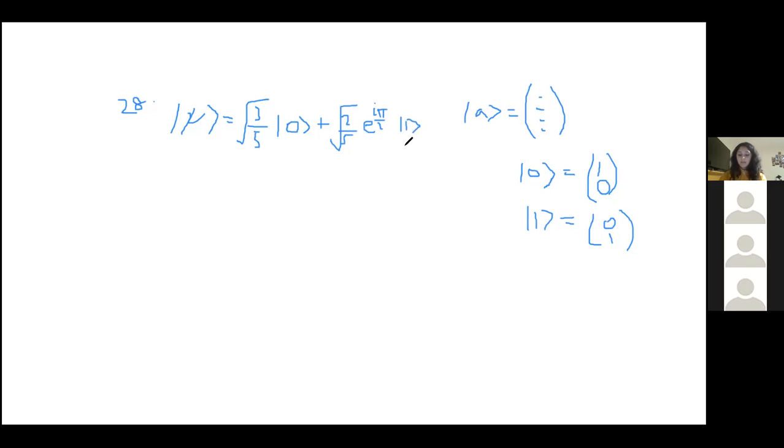Okay, and we're asked to find what the probability of finding this state in the state 1 is, purely. And the way we do this is we square the terms here. So the terms here are what's known as the probability amplitudes.